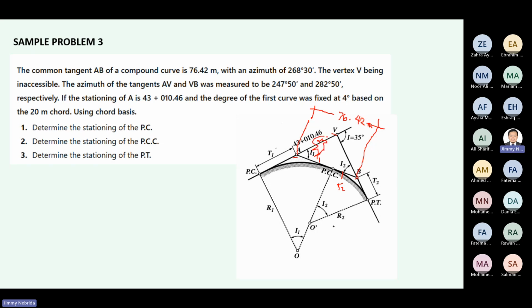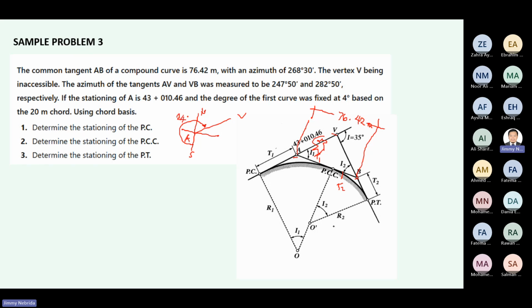Now, the azimuth of tangent AV, where's AV? This one. What do you mean by azimuth? This is 247.5. Where do you measure the azimuth? This is north, this is south, this is A, going there is V, right? According to the problem, the azimuth is 247. Azimuth is always measured coming from the south. So this is 247.